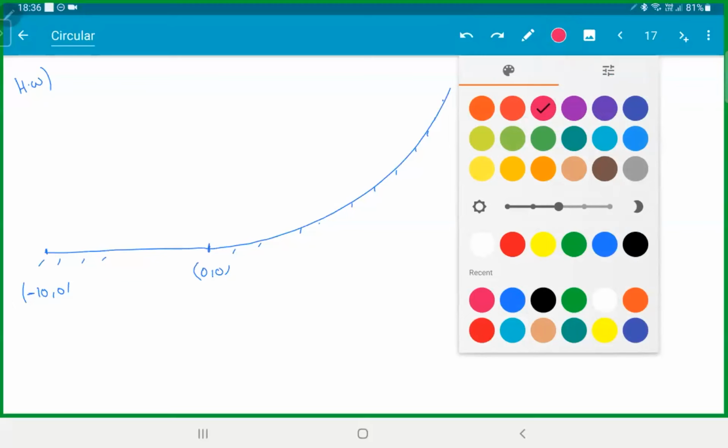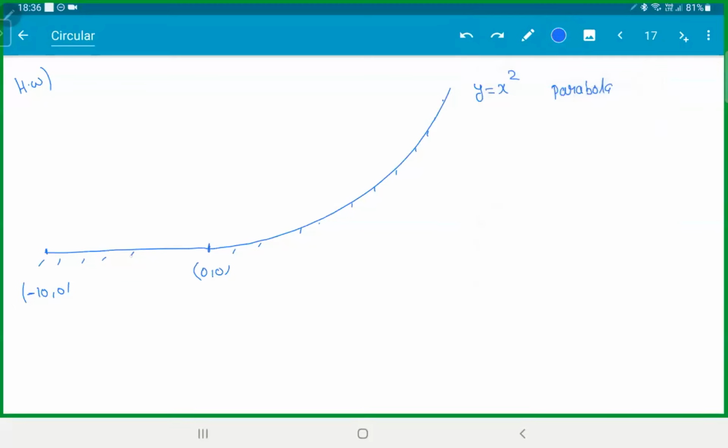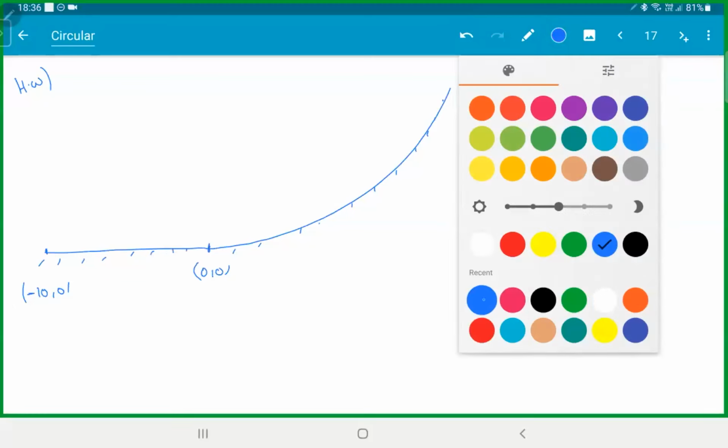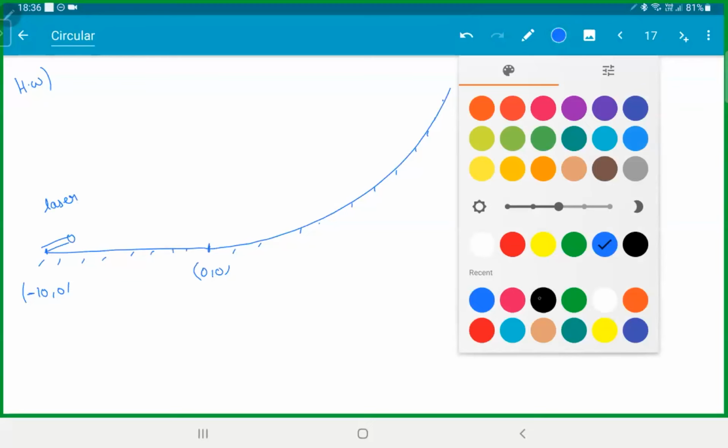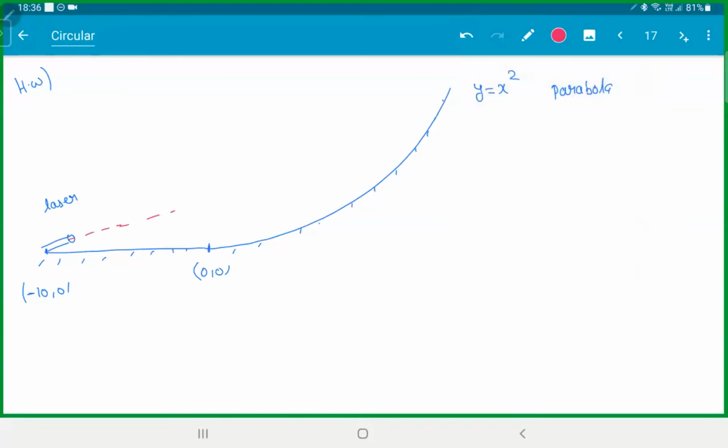It started raining there. And we have a laser here. So this laser will fall on the parabola now. And this thing is rotating with omega. You can take 0.1 radian per second.